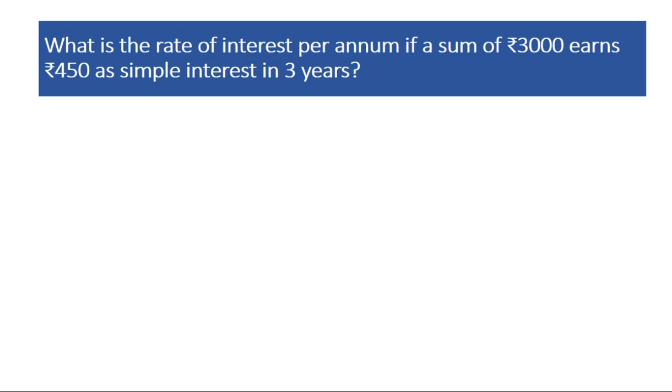What is the rate of interest per annum if a sum of 3000 earns 450 as simple interest in 3 years? SI is equal to 450, P is equal to 3000, T is equal to 3.